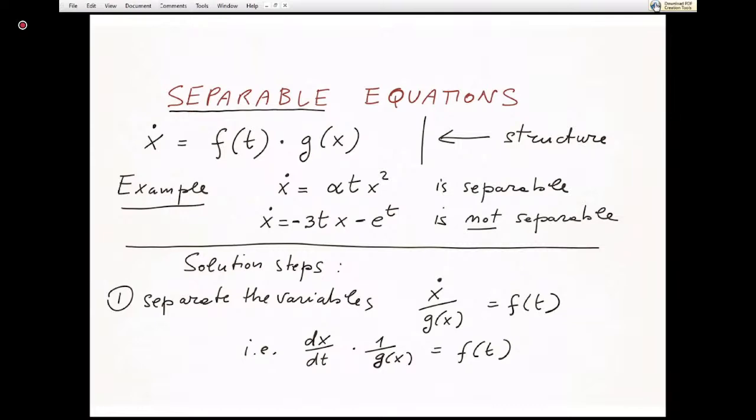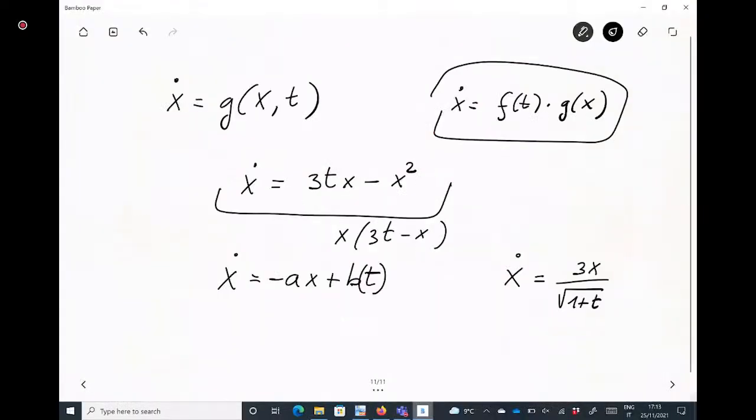So let me show you this example. x dot is equal to square root of t times x minus 1.